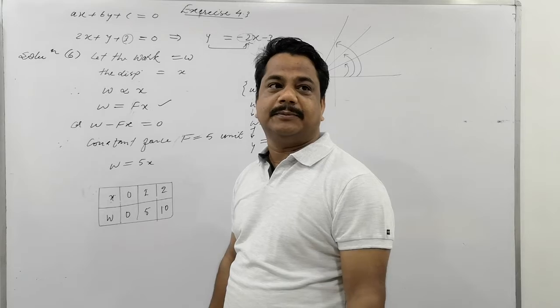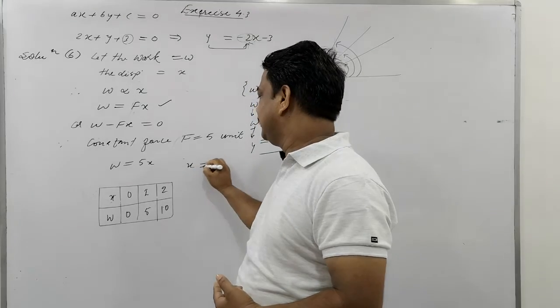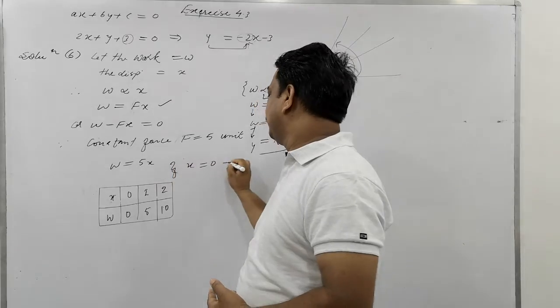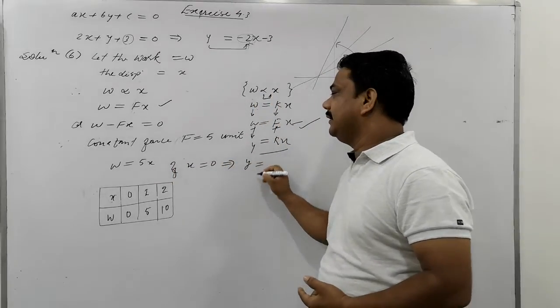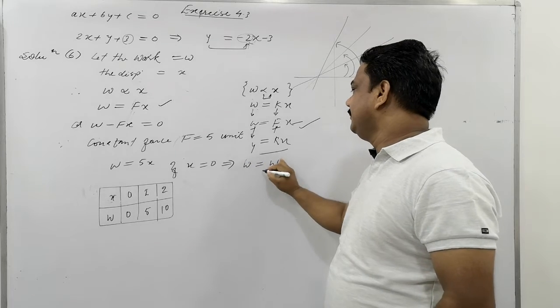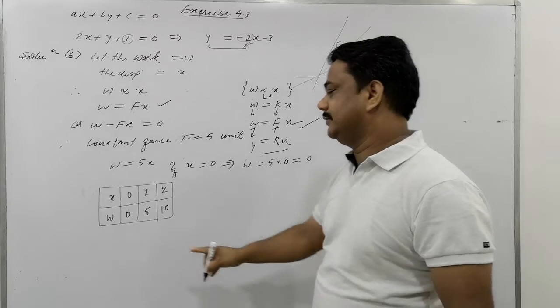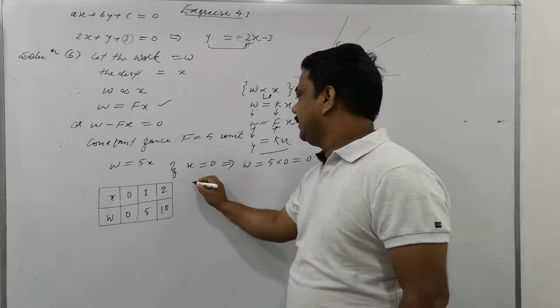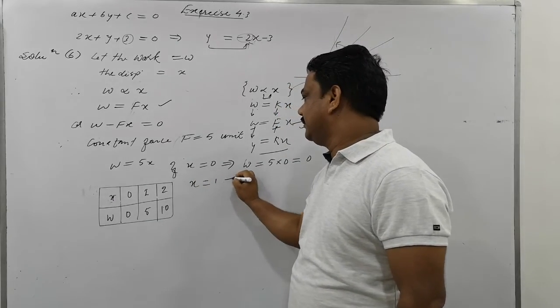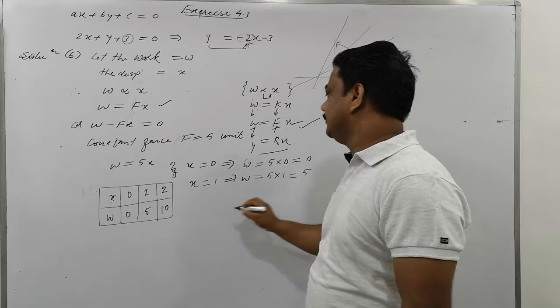So I need to write down the solution. x is equal to 0, W is equal to 5 into 0, so 0 I got for W. Again, if x is equal to 1, W is equal to 5 into 1 is equal to 5.